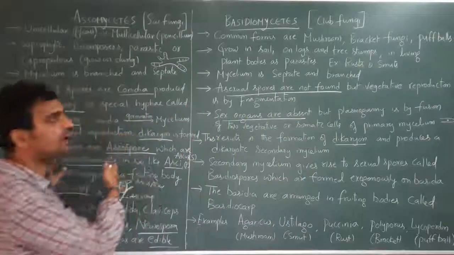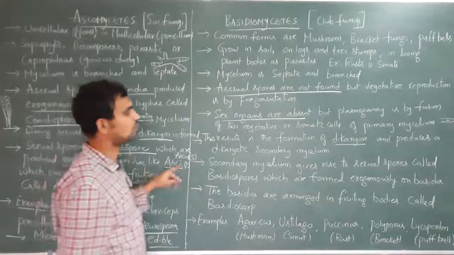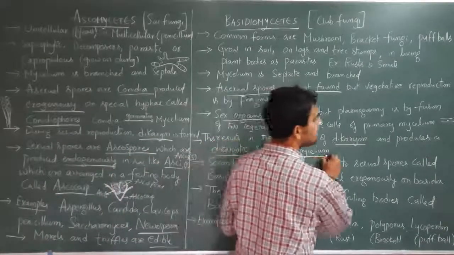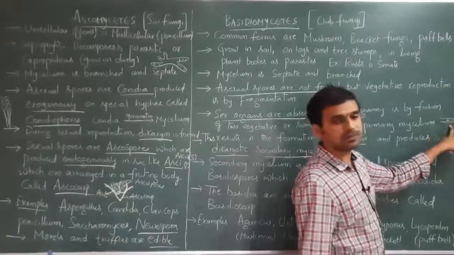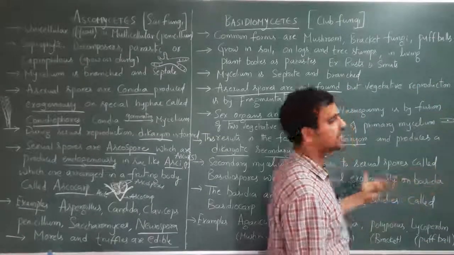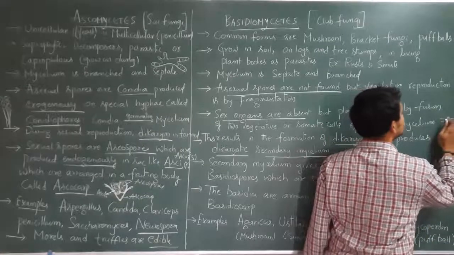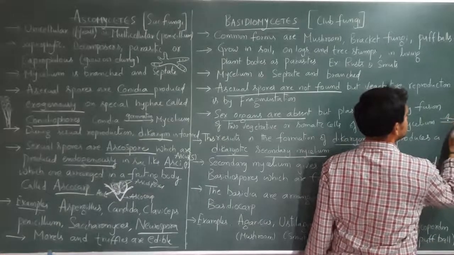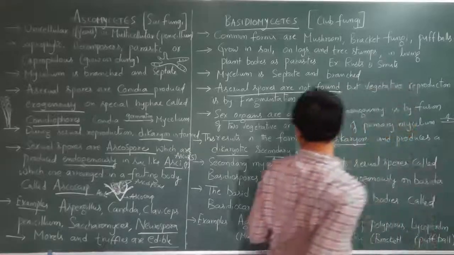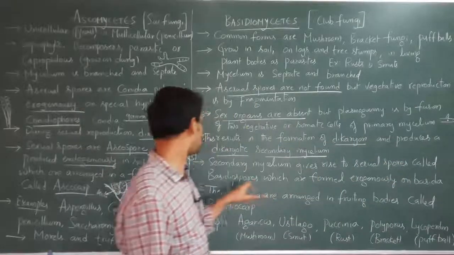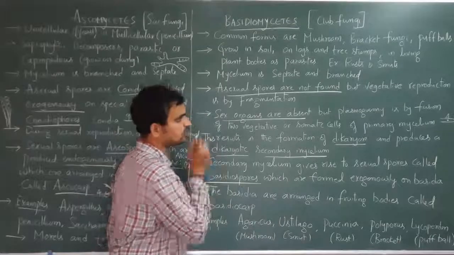The same thing you can find in ascomycetes also. So the dikaryon is formed and produces a dikaryotic secondary mycelium. So this is the primary mycelium, and it can produce the secondary mycelium like this. The secondary mycelium gives rise to sexual spores called basidiospores.